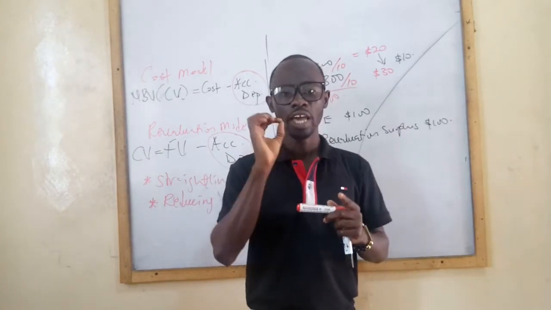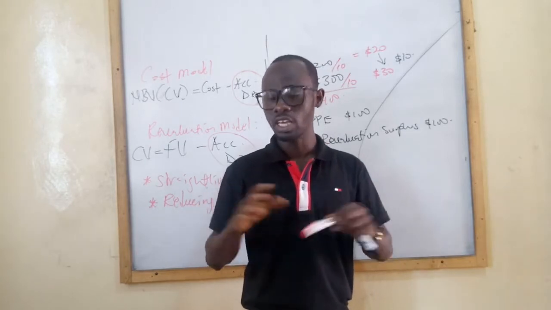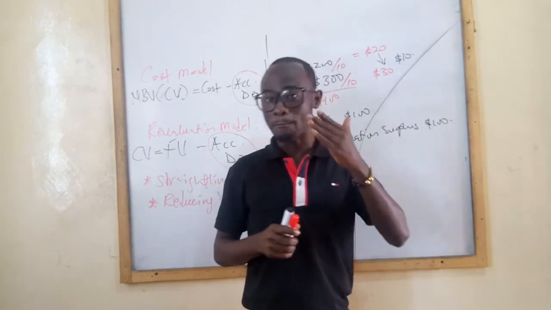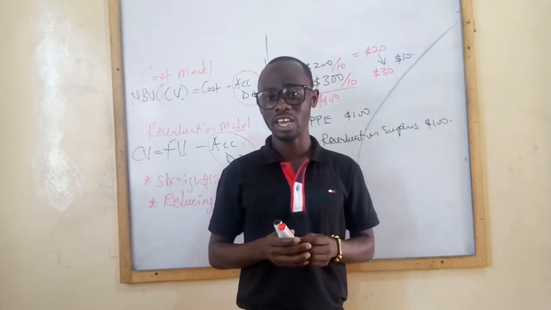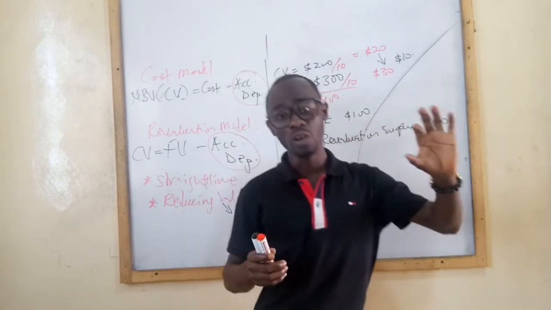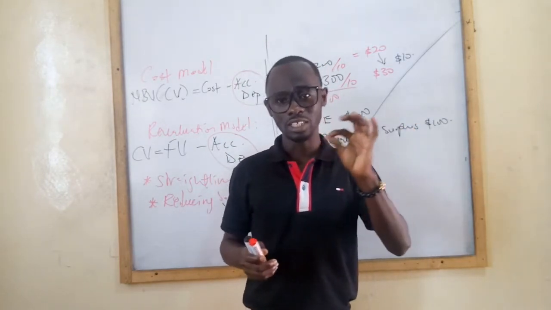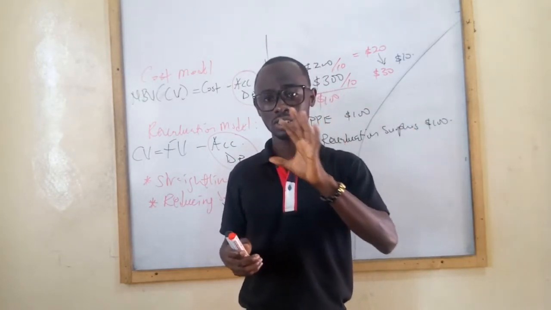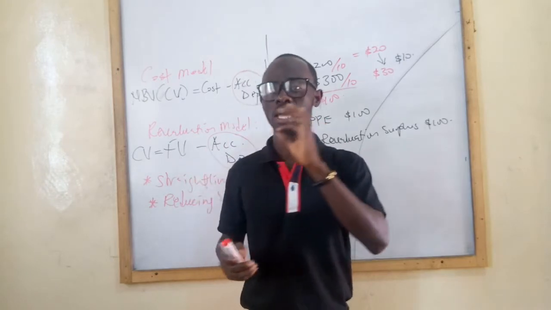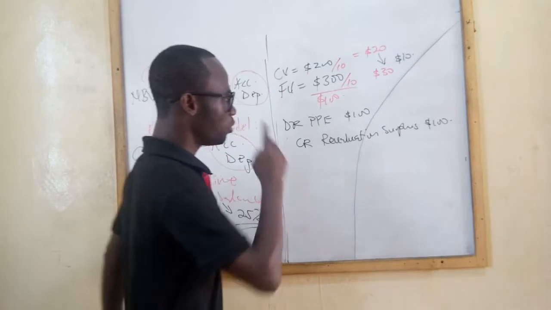Please be careful. If the examiner doesn't make the statement, then you don't do it. Usually the examiner has over the years forbidden students from doing the annual transfer because he will clearly state that there is no annual transfer, or that the company doesn't make any annual transfer. But if there are annual transfers, this is how we will do it.